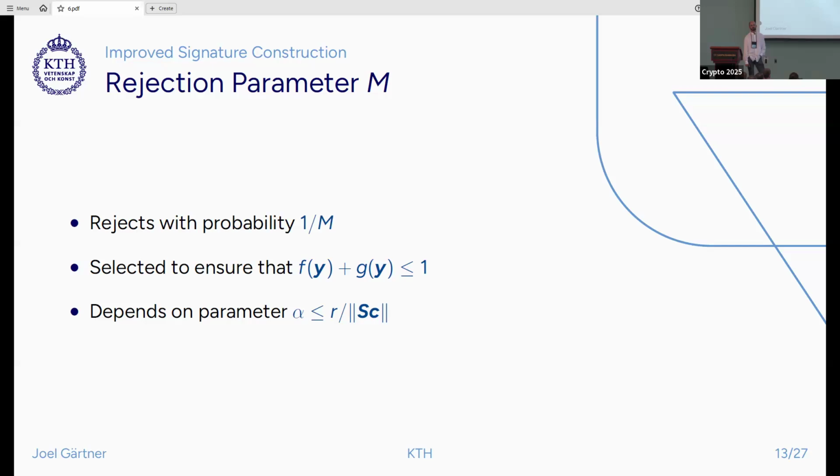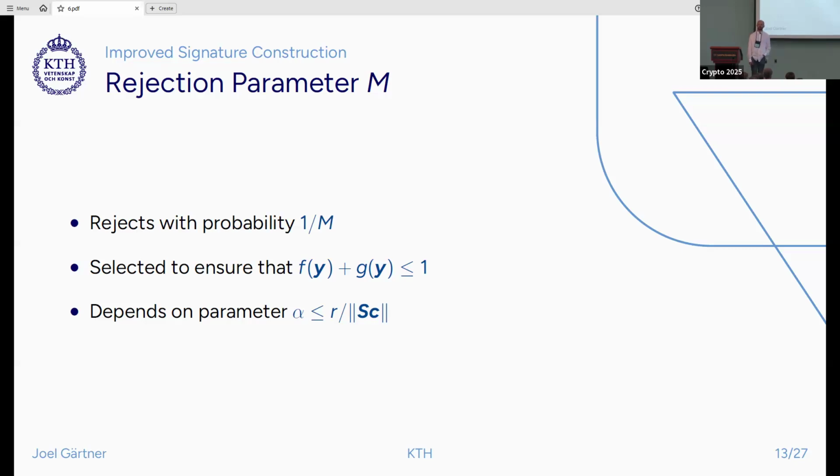And this parameter m is directly determined based on another parameter, alpha, which is upper bounded by the minimal value that R over the norm of SC takes for our scheme.